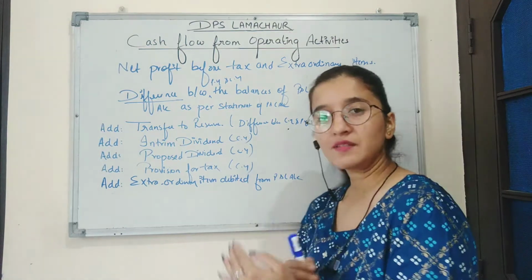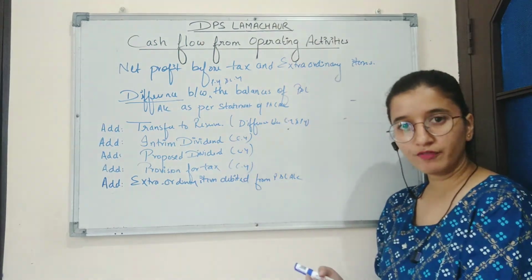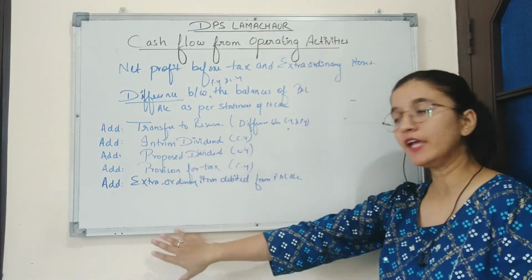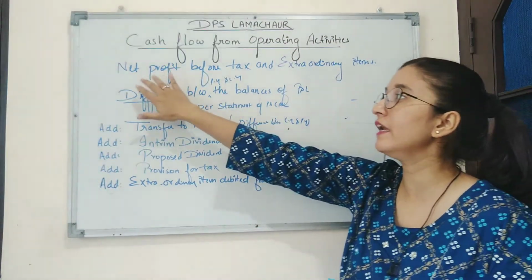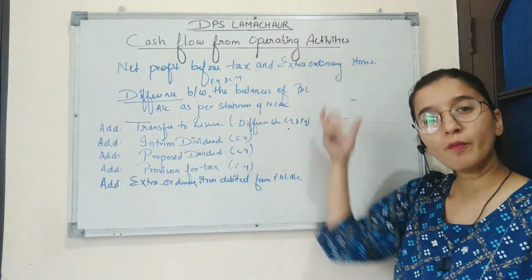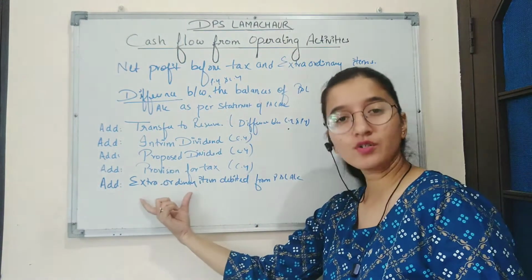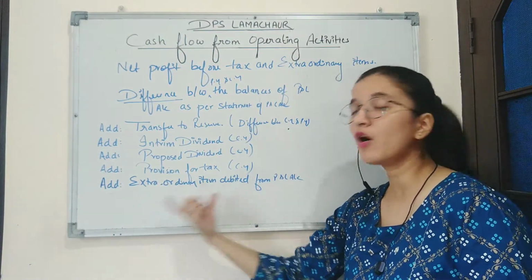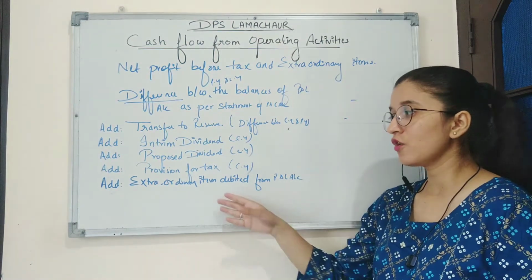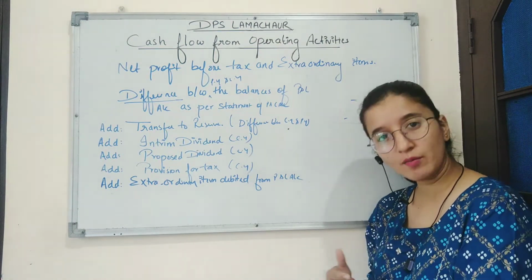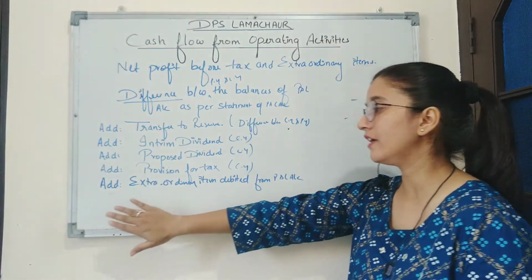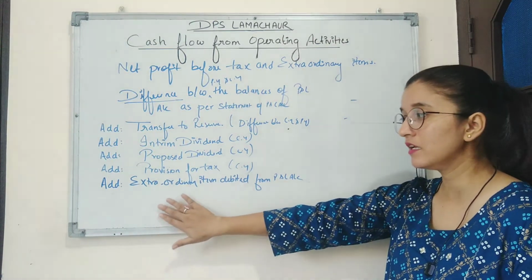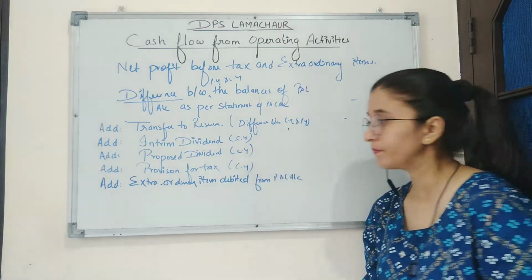So that loss might be deducted from the net profit. To nullify that effect, we will add it to the net profit here, because here we are finding out the net profit from operating activity, and that loss was considered as a non-operating expense. So the non-operating expense was deducted from profit. Now to nullify that effect, we will add that non-operating expense in calculating profit.